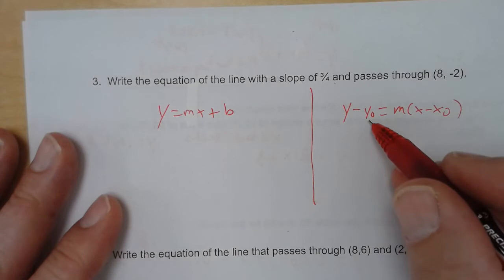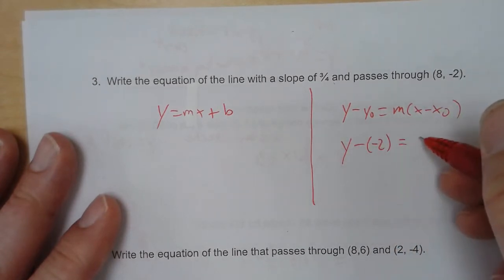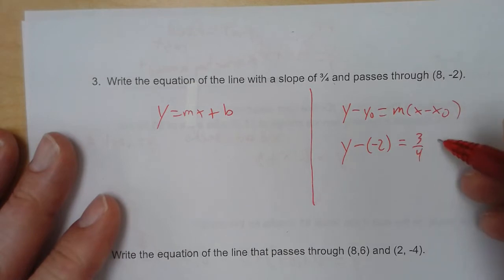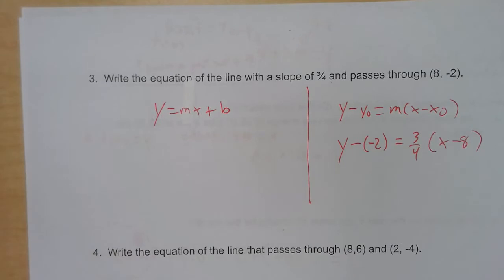So y minus negative 2 is equal to the slope 3/4 times x minus 8. So that would be the equation of the line in point slope form.